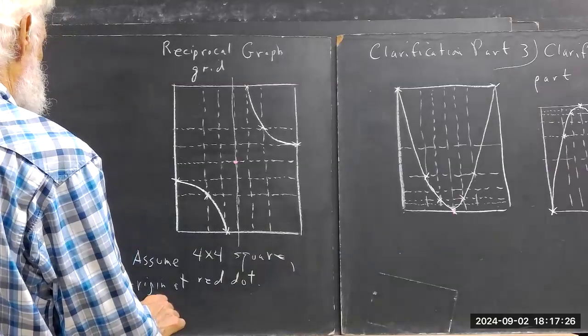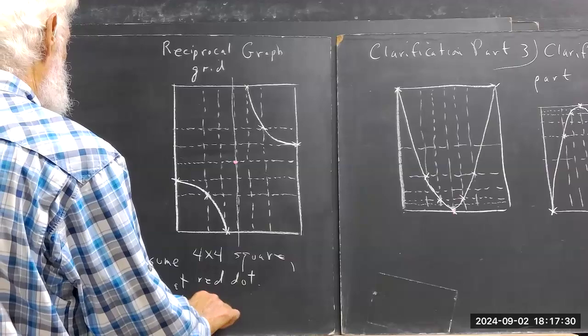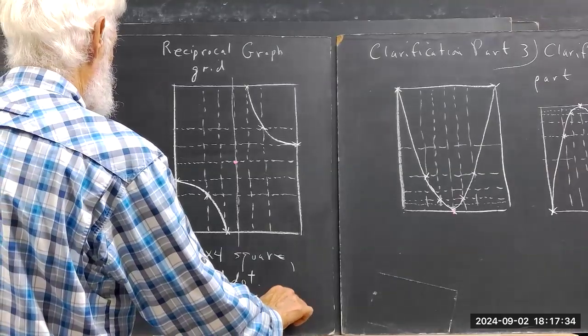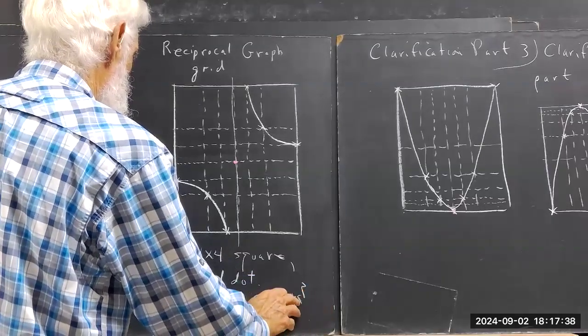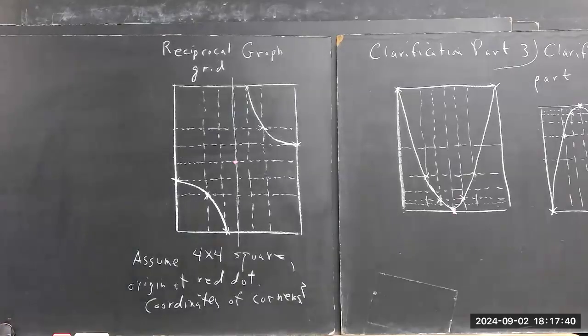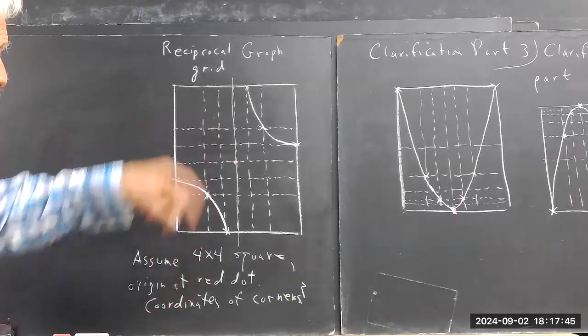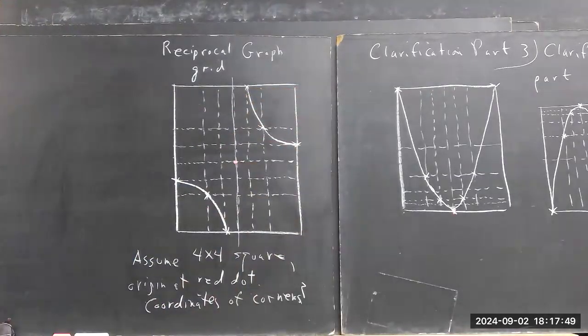What are the coordinates? Corners. Not writing very well, but what are the coordinates of the corners? I would talk about the corners of the boundary square.